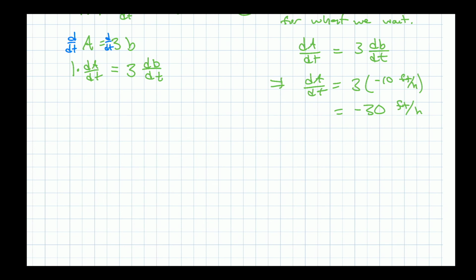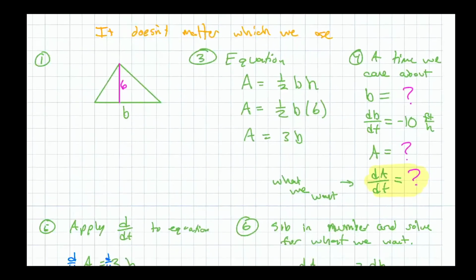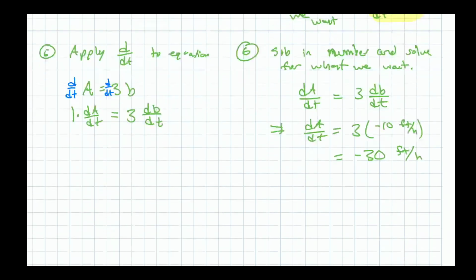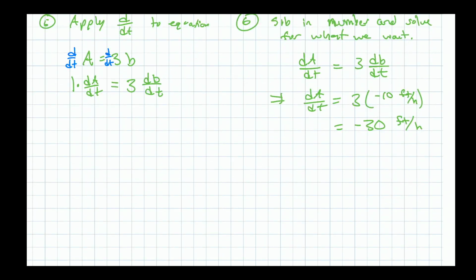It must be feet squared. Oh, because the 3 was, I didn't write the units, but remember that this was 6 feet, so there was really feet on there. So actually that should have been 3 feet, and then here 30 feet squared per hour.